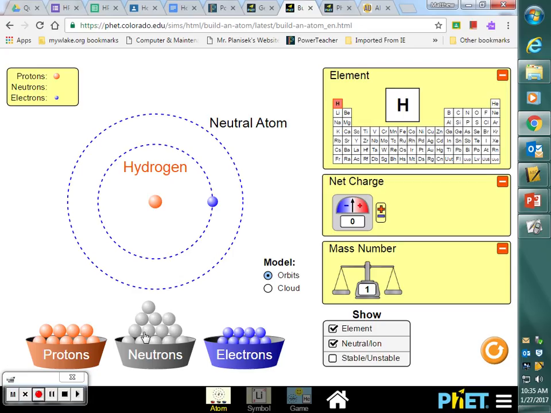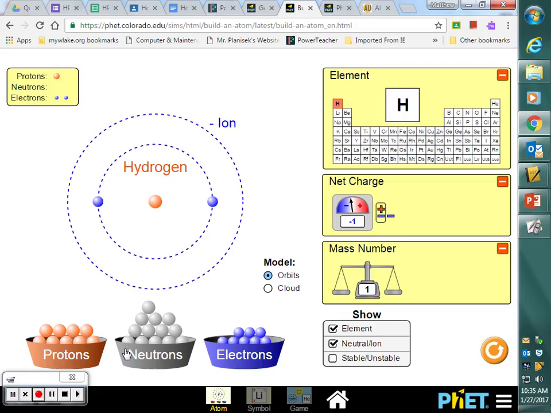Okay? But when I go here and take this away, now my neutral atom becomes a plus ion. Okay? If I do this, now what changed? It's a negative ion, right? So, based on that little demonstration, what can you tell me about ions?